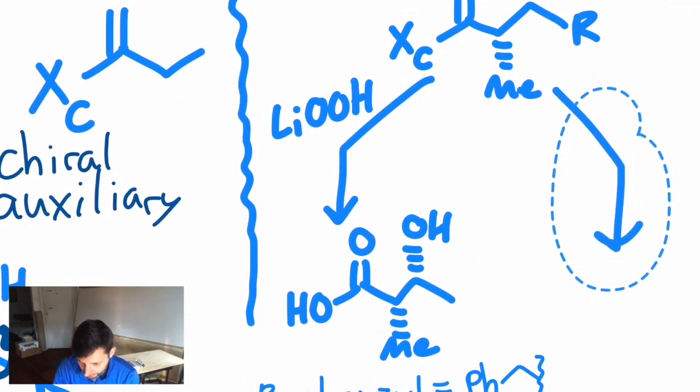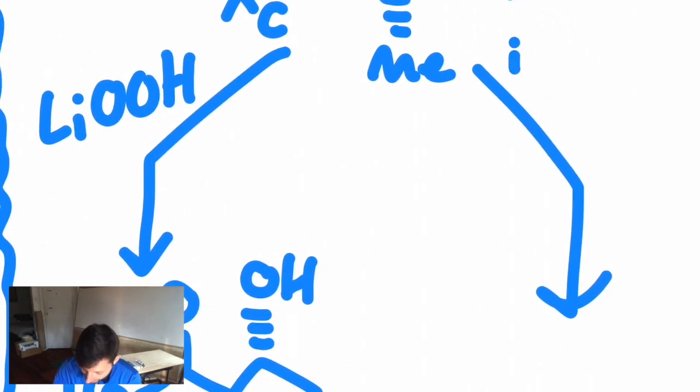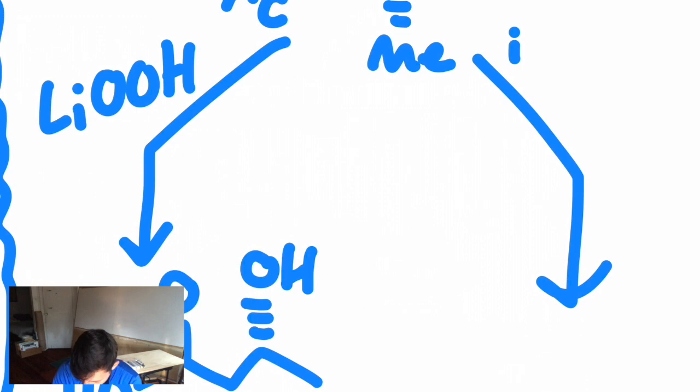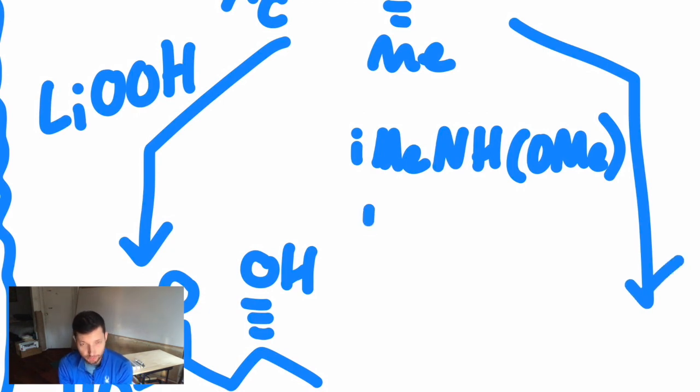Number one, you have to turn it into a special type of amide using methoxymethylamine. That looks like methyl, I'm going to write it down here, methyl NHOMe. And then step two, that turns it into what's called a Weinreb amide.